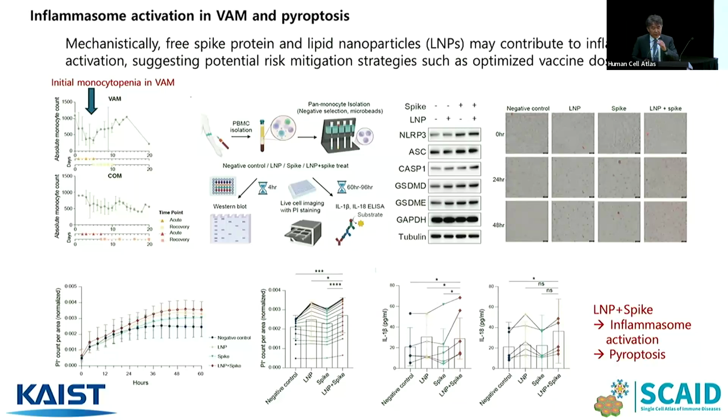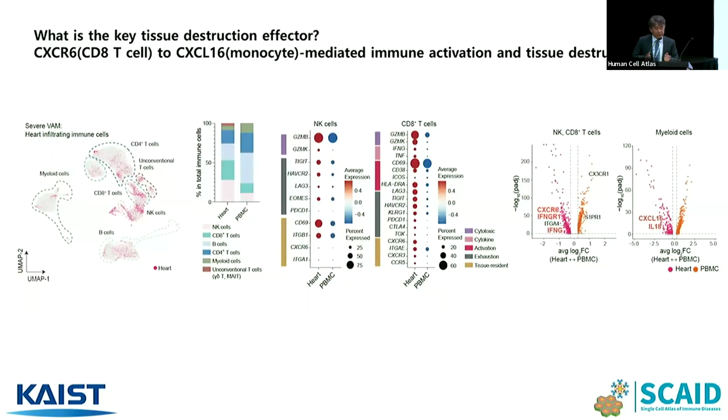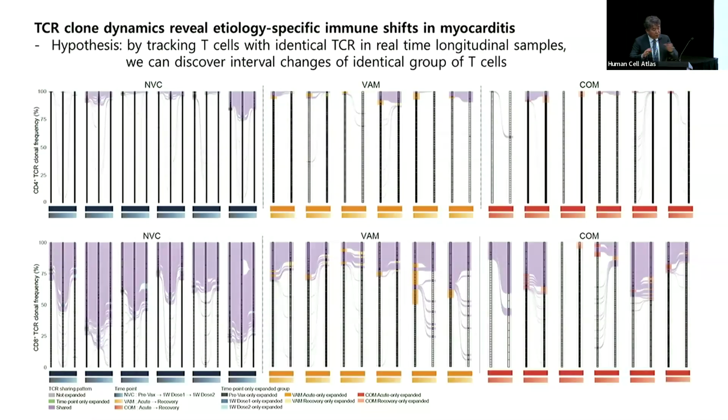So that means the combination of high spike protein and LNP may cause this inflammasome activation, and they also showed pyroptosis in the monocytes. And for the T cells, they showed some pathologic TH17 signature in BAM, and CXCR6-mediated activation in BAM. This is the unique feature of their study.